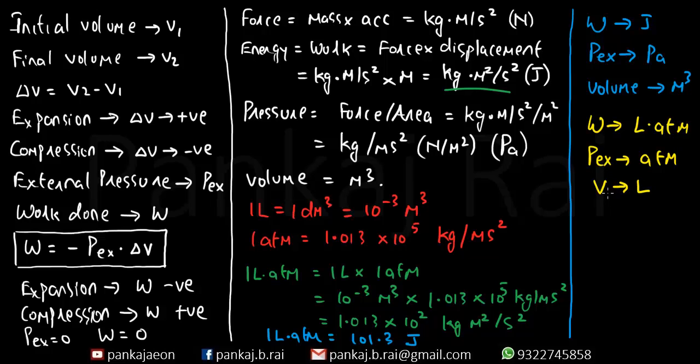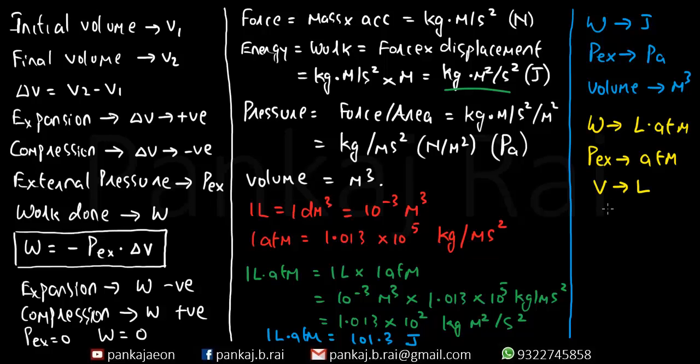So if you have been given work in joule, to go from joule to liter atmosphere you divide by 101.3. If pressure is given in pascals or newton per meter square, to convert that to atmosphere you divide by 1.013 into 10 raised to 5. If the volume is given in meter cube and you want liters, you divide by 10 raised to minus 3, that is, multiply by 10 raised to 3. So either way you should be able to solve these numericals with these conversions.